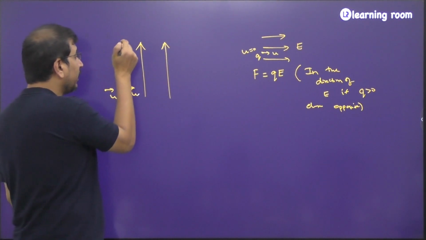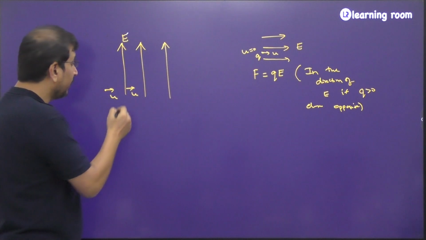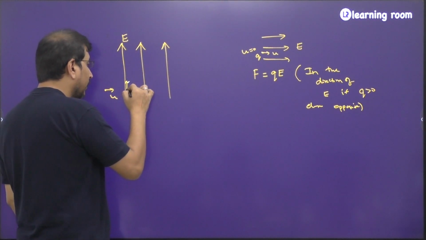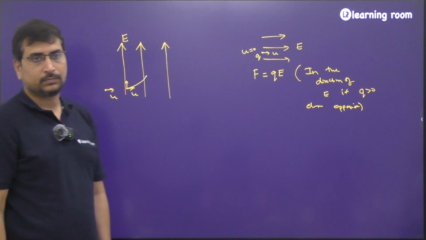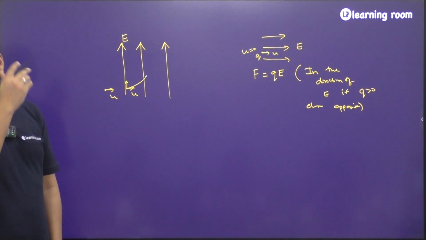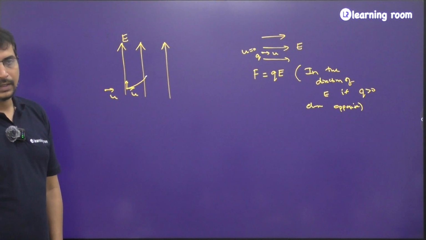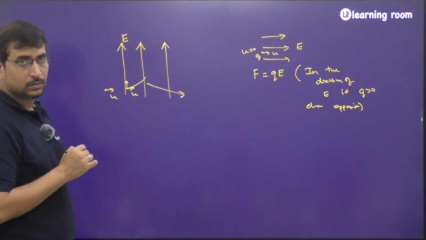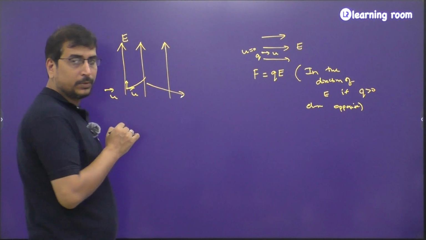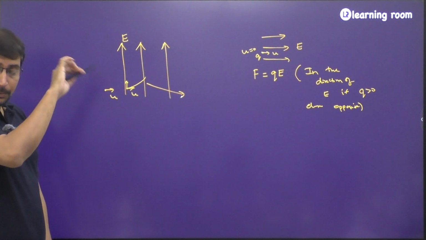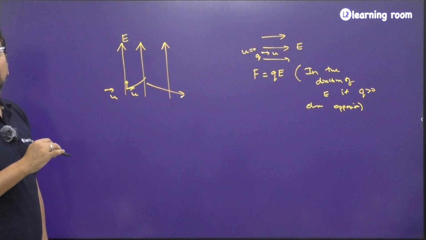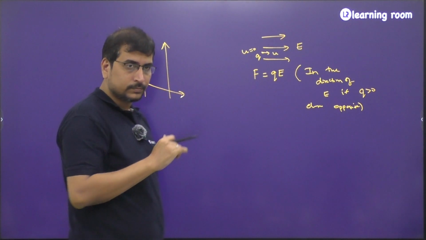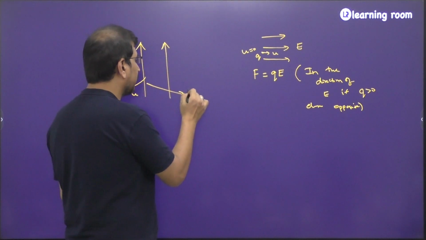But due to the electric field, it will experience a force in the upward direction, as a result of which it will start bending in a curved path. Now the question is, what is the curved path it is going to take? What is going to be the shape of the curved path? Is it parabola or circular? It is parabolic.